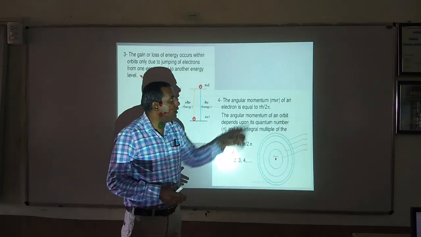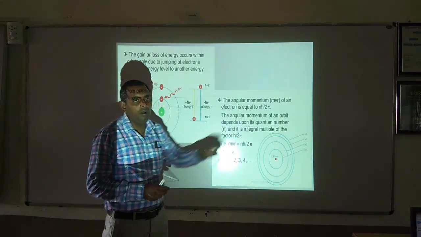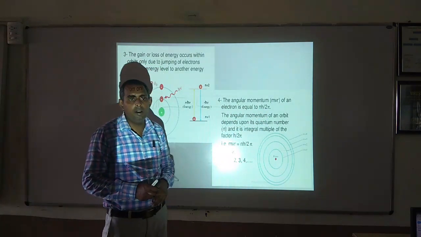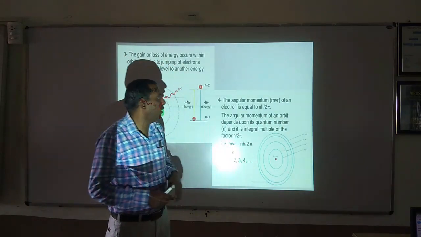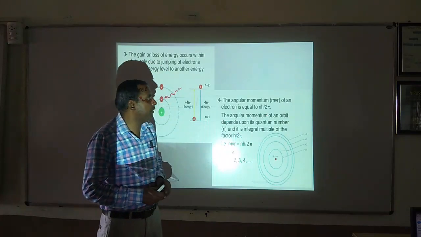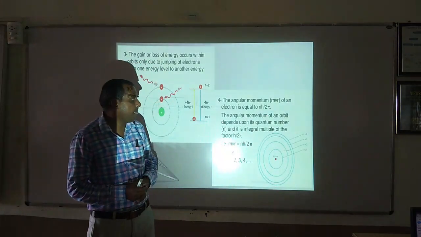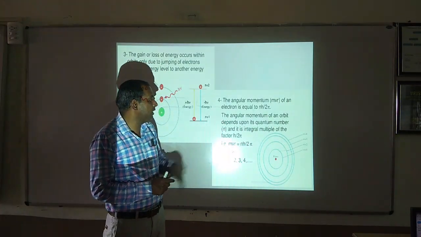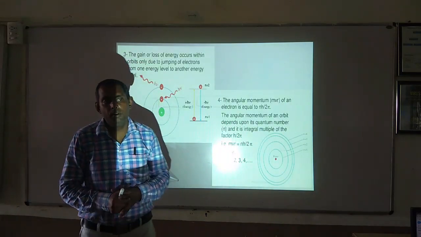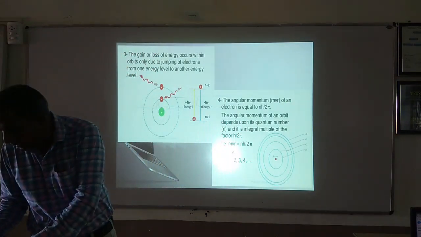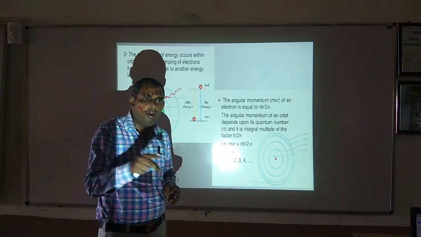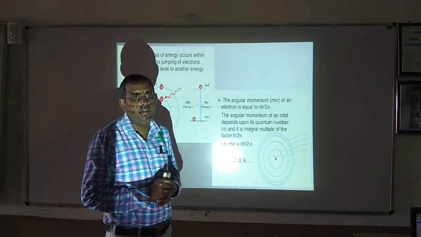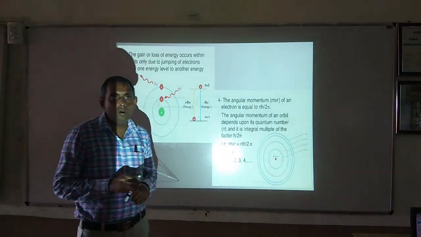The angular momentum of an electron is equal to nh divided by 2 pi. The angular momentum of an orbit depends upon the quantum number, and it is an integral multiple of the factor h by 2 pi. So Bohr said the electrons are permitted to revolve around the nucleus in a specified orbit.